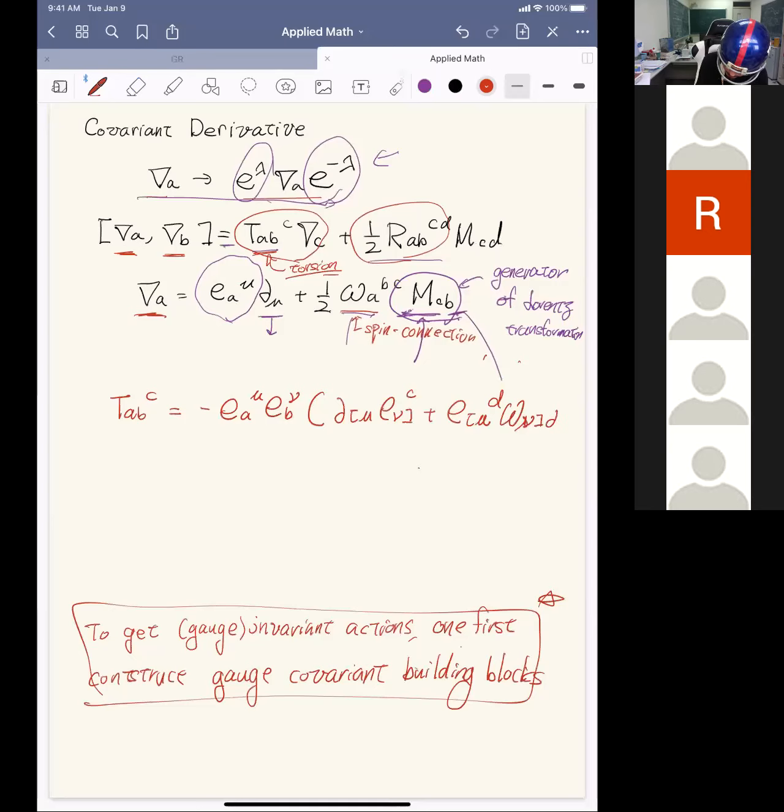Yes, this should be C. Good. Okay, so this is how the torsion actually looks in terms of the spin connection and the Vierbein.